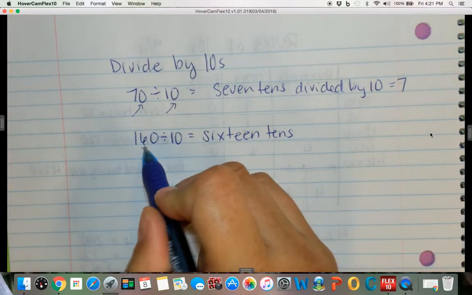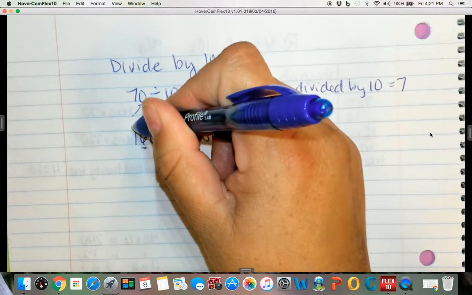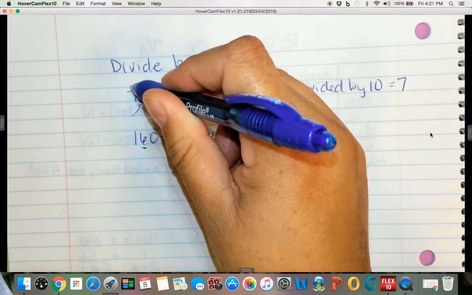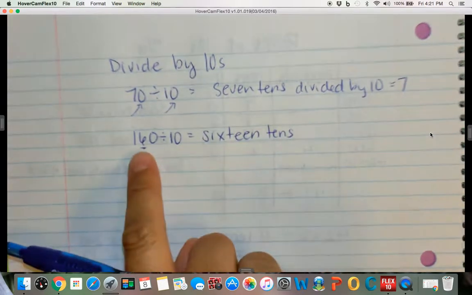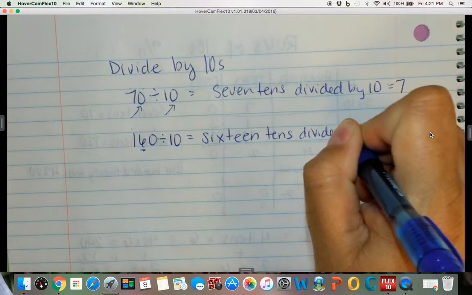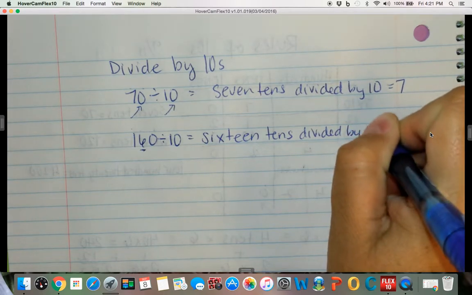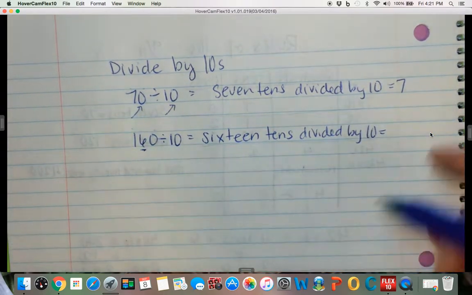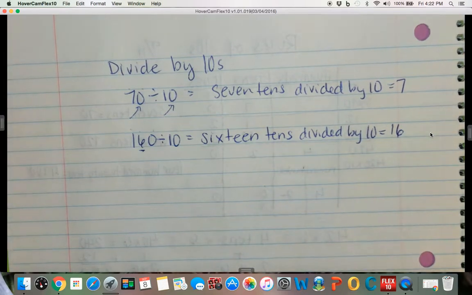Look at my tens place. Ones, tens, hundreds. Ones, tens. 7 tens, 16 tens. Divided by 10, 16.